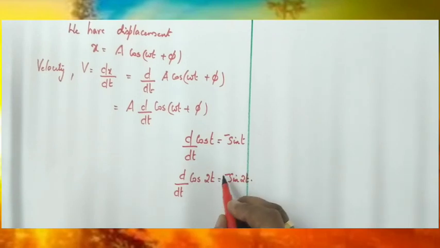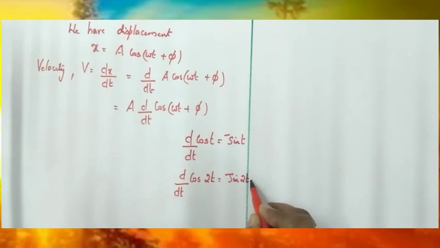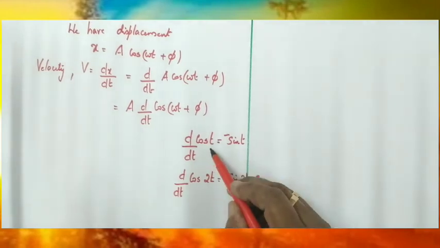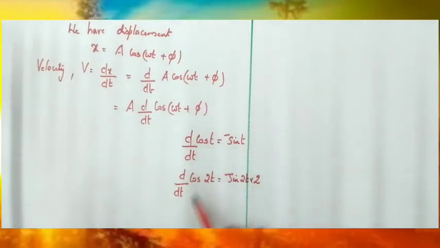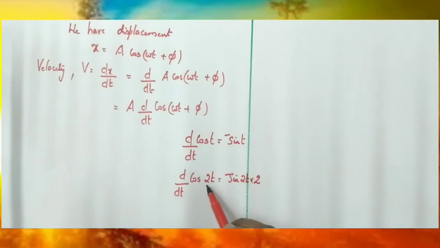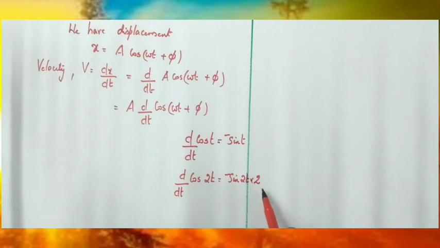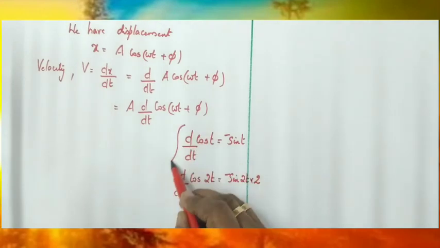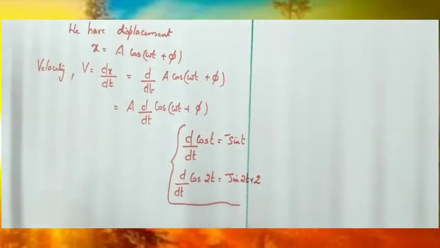Here 2 represents a coefficient, so into 2. This is the formula. So d by dt of cos t equal to minus sin t, and d by dt of cos 2t, any constant you can take, it is minus sin 2t into that constant. Let the constant here be 2, therefore we multiply it by 2. So this is the formula for differentiating the cos function.